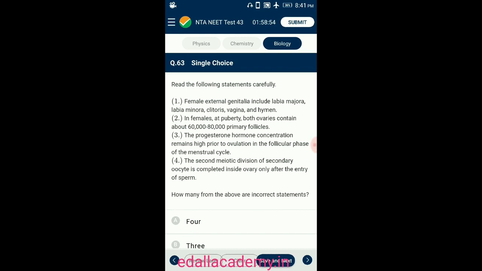The estrogen hormone concentration remains high in the follicular phase prior to ovulation. The second meiotic division of the secondary oocyte completes inside the fallopian tube only after the entry of sperm. The estrogen hormone concentration remains high prior to ovulation in the follicular phase of the menstrual cycle. So the answer for this question is option A. From the given statements, all 4 statements are incorrectly given. So the correct option is A.